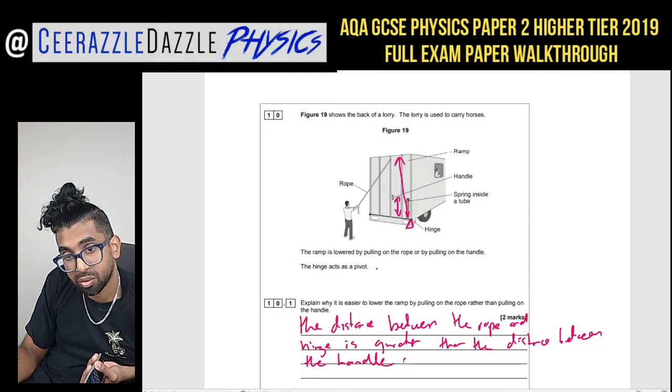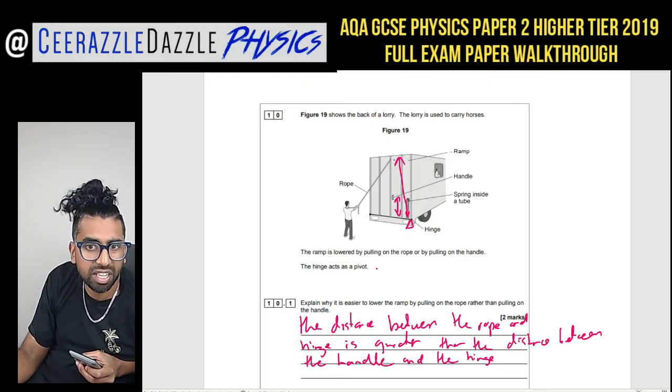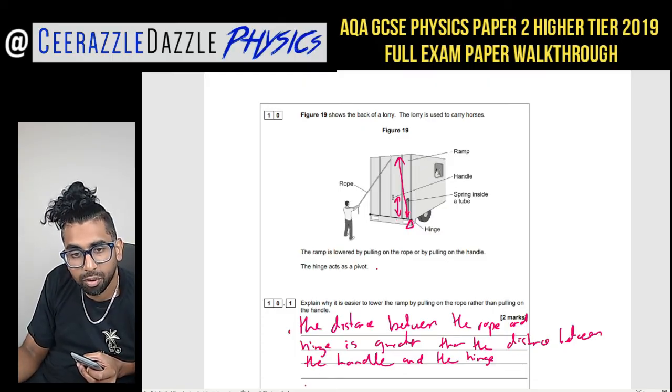You should be thinking of moments here, yes? Look at that perpendicular distance over here. And therefore you need less of a force. So therefore less force is needed.